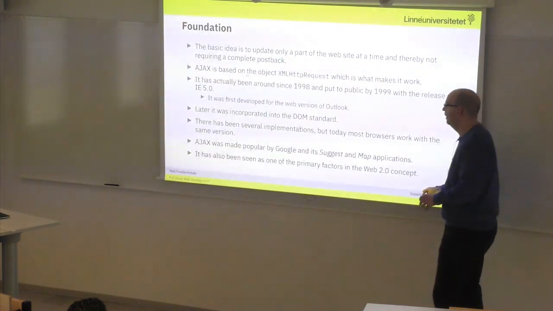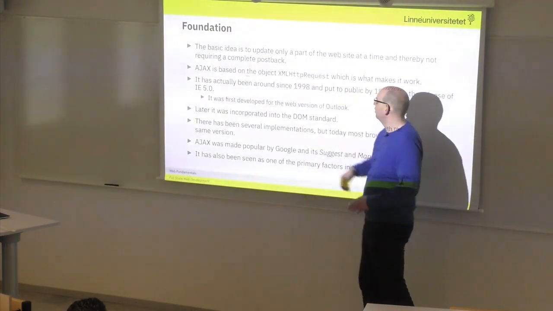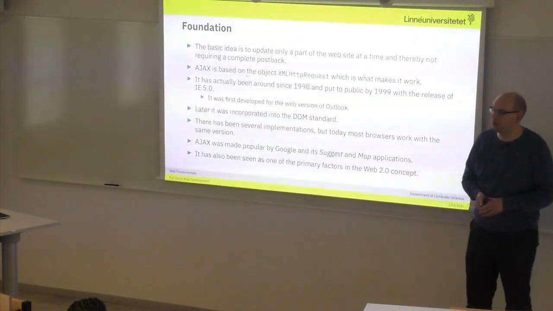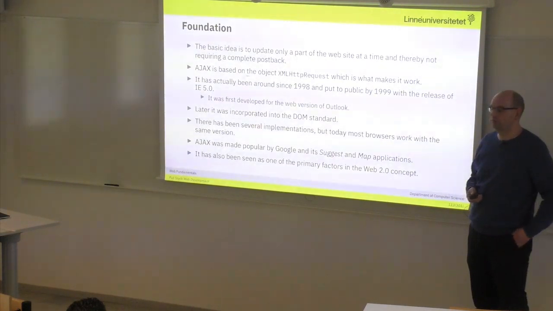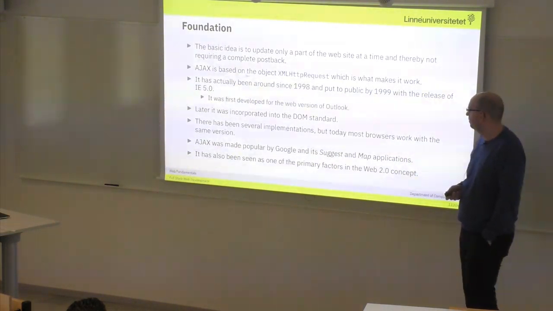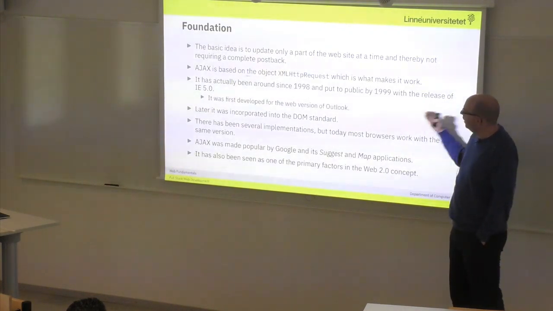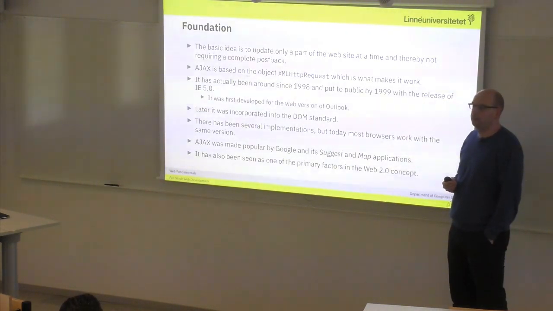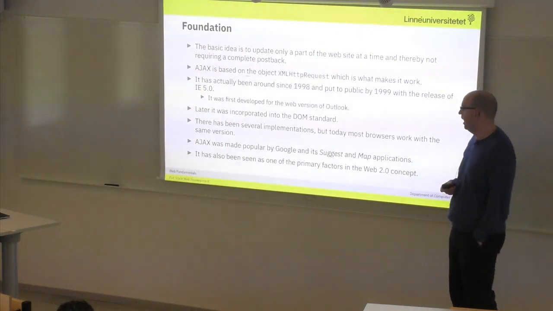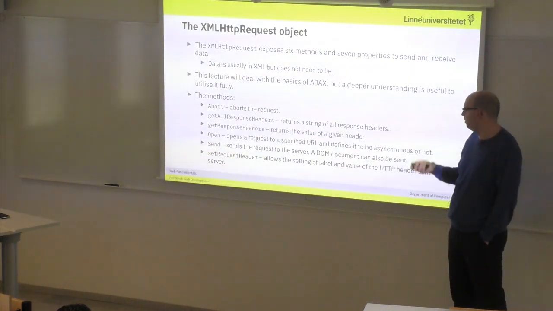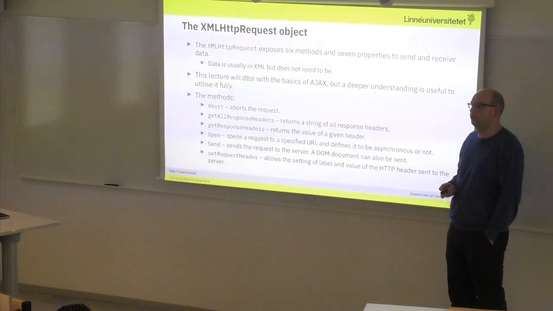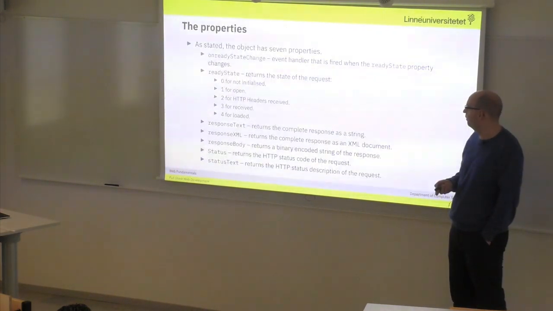And the idea here is that we have an object called XMLHttpRequest, which makes it possible for us to make a background call to the web server, or the server, whatever it might be. And it's actually an invention of Microsoft for Outlook, but it has become standard. We create an object, and we use these different methods in order to send or retrieve information.